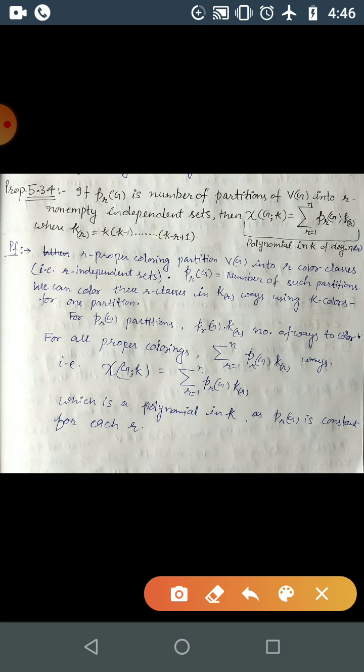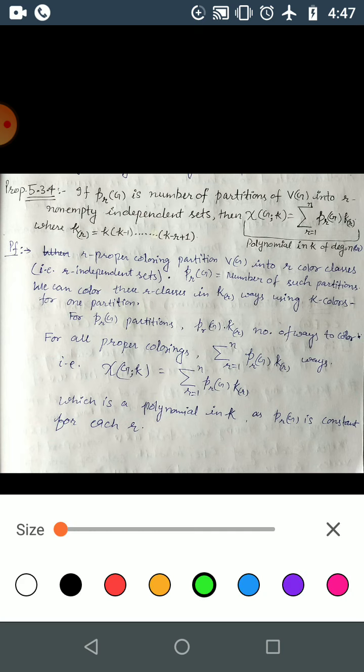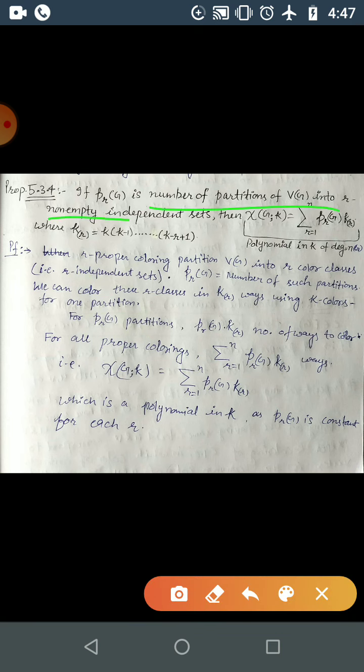So if PR is the number of partitions of Vg into R non-empty independent sets, that is, R color classes are there, correct? And the number of ways to partition this into R color classes is PR.